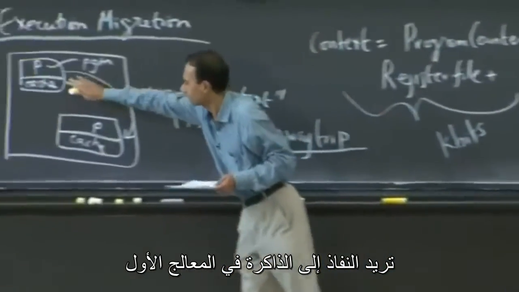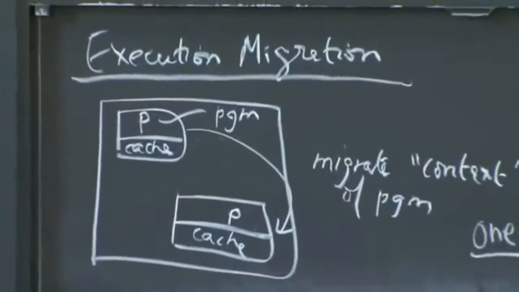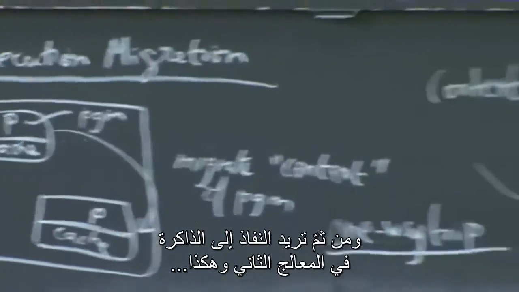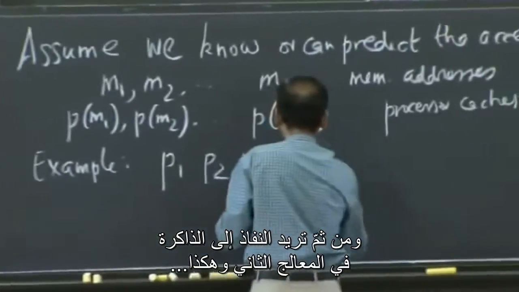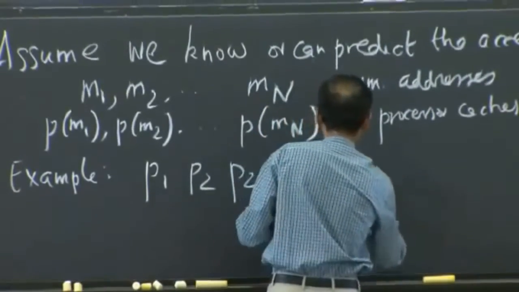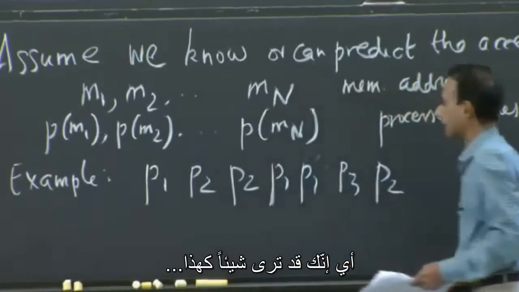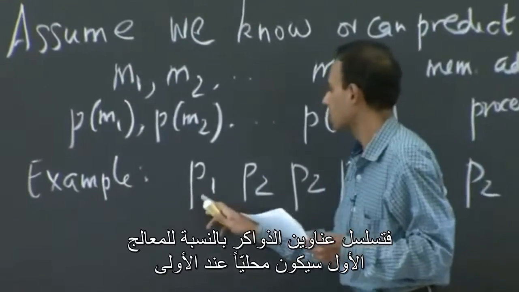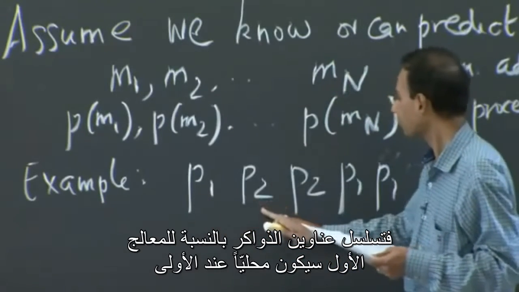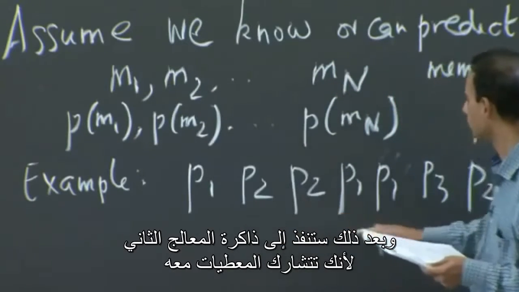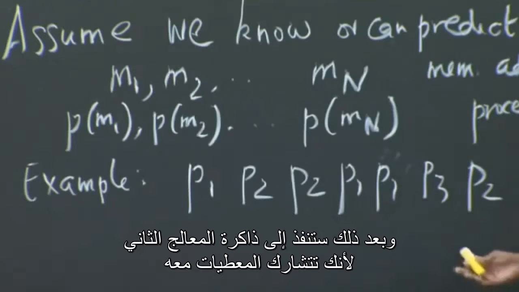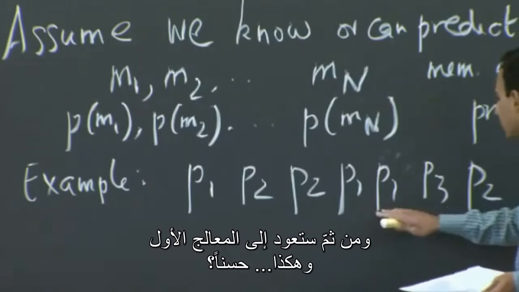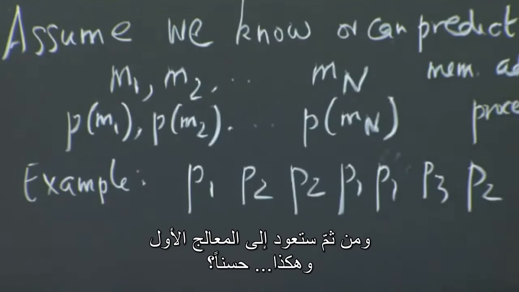You're sitting there, you want to access memory in processor 1, and then the next one you want to access memory in processor 2, and so on and so forth. So you might see something like that. So the sequence of memory addresses, if you're sitting on processor 1, this first one is local, and then after that you want to access processor 2's memory because you're sharing data with it. Then you're back home again to processor 1, and so on and so forth. All right?